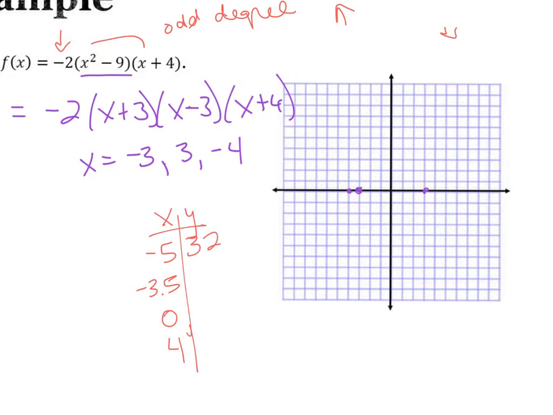Then I'm going to do -3.5, and I'm going to get -3.25.